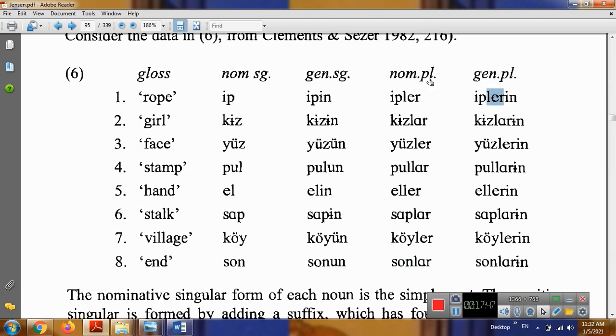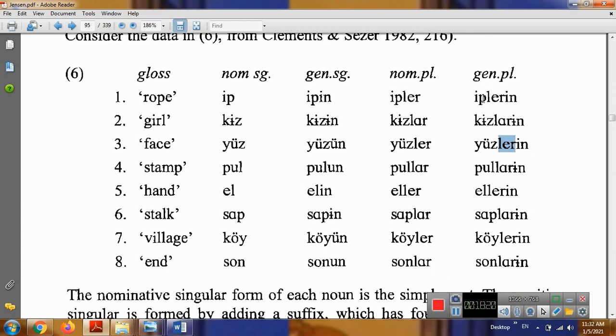Ler stands for the plural form, and in stands for the genitive form. Lar is the plural suffix, and in is the genitive suffix.